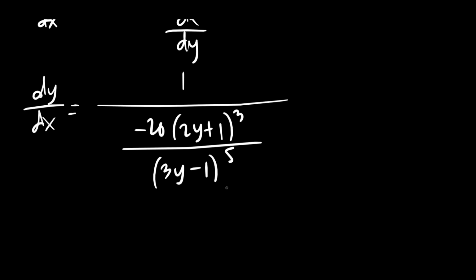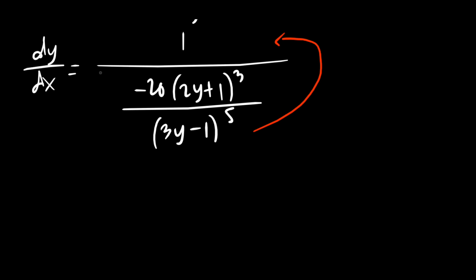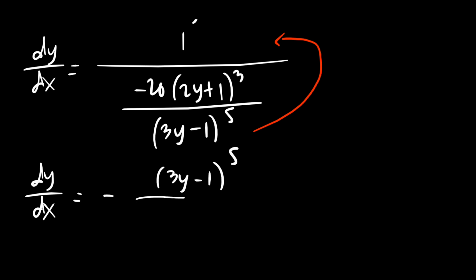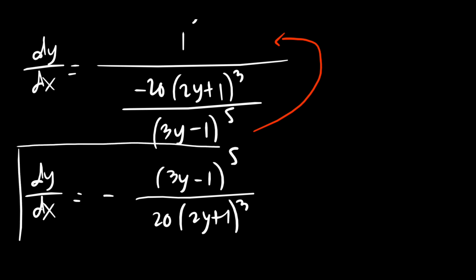So we'll put this denominator, this term here, to the numerator. So we have dy over dx is equal to negative 3y minus 1 raised to the power 5 all over 20 multiplied by 2y plus 1 cube. So this is now our final answer.